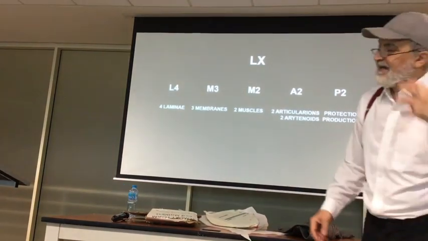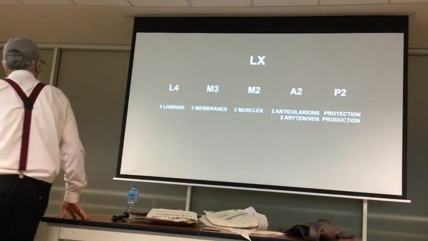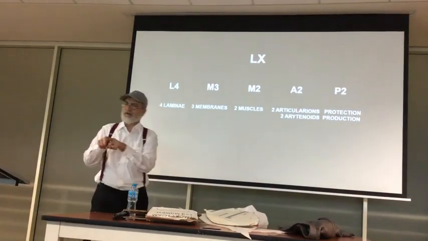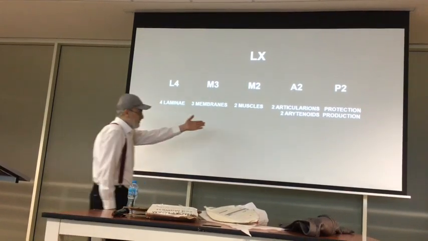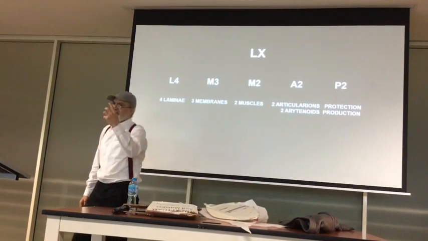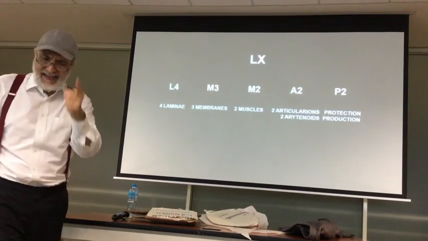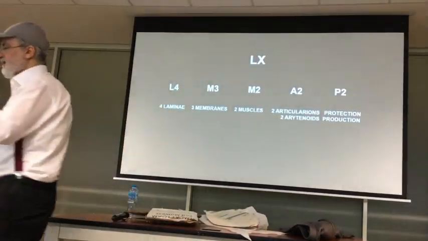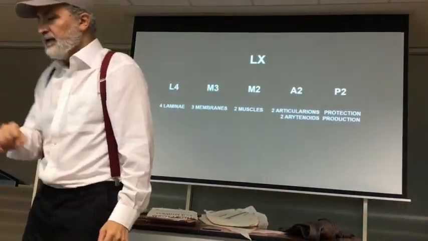This cricoarytenoid is posterior, and it is the only abductor of the vocal cords. Then 2 articulations, 2 arytenoids. Arytenoids are the central bones in the larynx. This is for short, but we'll go in detail now, inshallah.